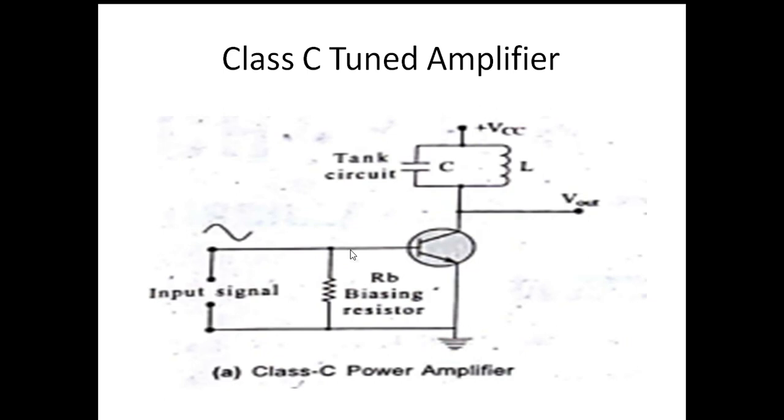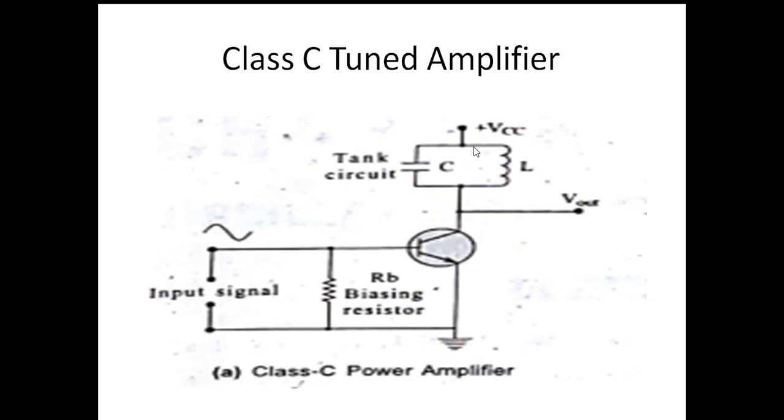Active region is nothing but the base emitter junction should be in forward bias, whereas the collector base junction should be in reverse bias. This is the condition. So to satisfy this condition, we have used the biasing resistor in addition to VCC, the DC biasing voltage. So with respect to this VCC and this RB, we can provide the required biasing to operate the transistor in active region.